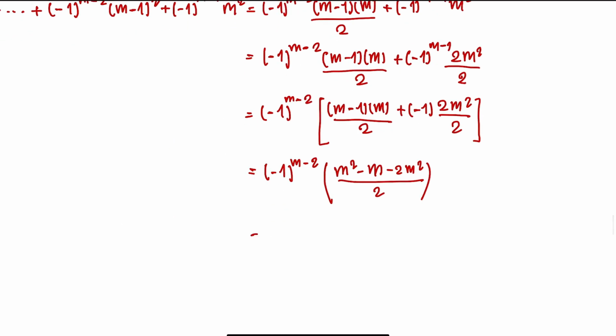Then what do we have next? We can have minus 1 raised to the M minus 2 over 2, and we have M squared minus M minus 2M.